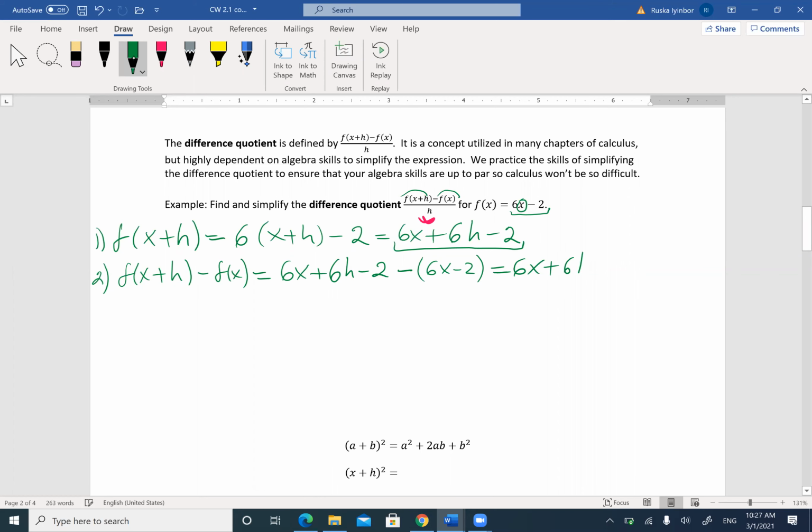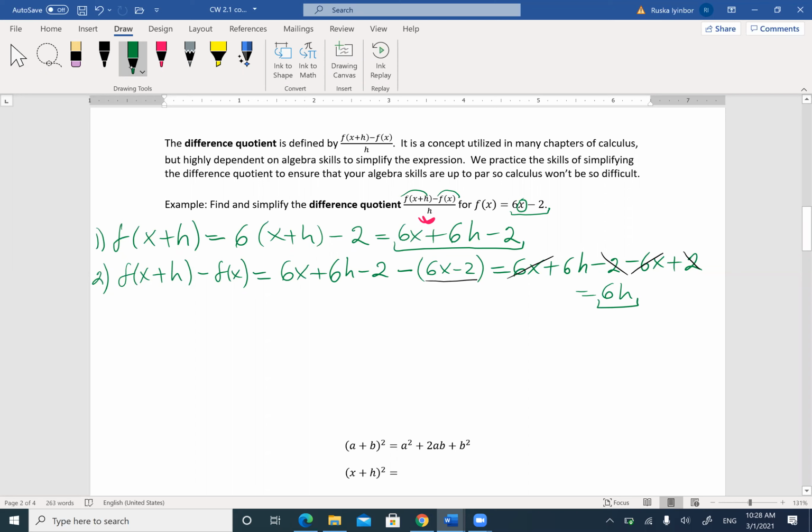So we're going to get 6x plus 6h minus 2 minus 6x plus 2. When you distribute the negative, negative times negative 2 is plus 2. Now, in these steps, you have to remember everything in these parentheses is going to cancel. See, 6x and 6x cancel, 2 and 2 cancel. So always the original function in parentheses is going to cancel out. So you're going to get 6h. This is the answer for step 2.